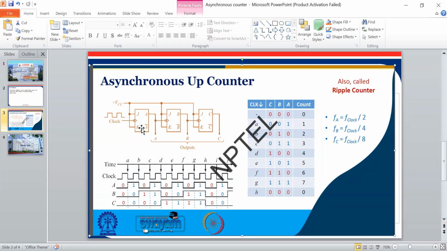If we use 4 flip-flops, then it will be a 4-bit asynchronous up counter, in which we will get the counts from 0 to 15, that is total 16 different states. So this is all about the working of asynchronous up counter.